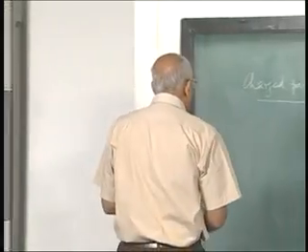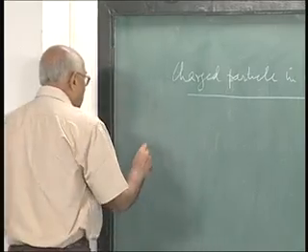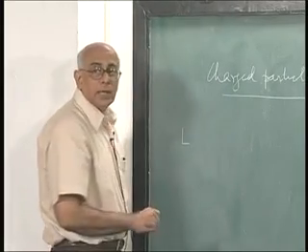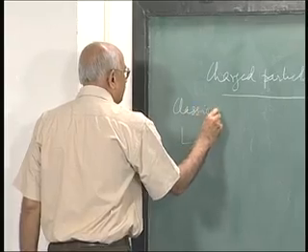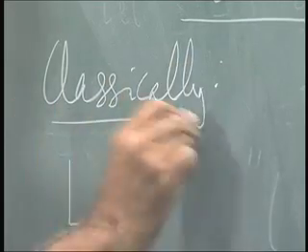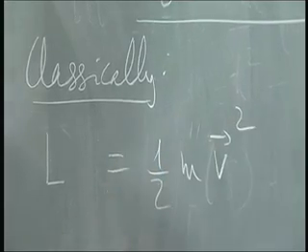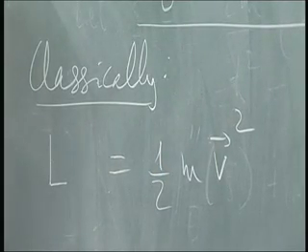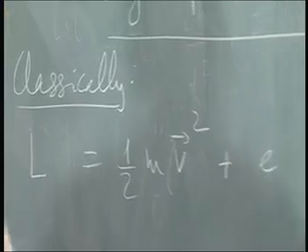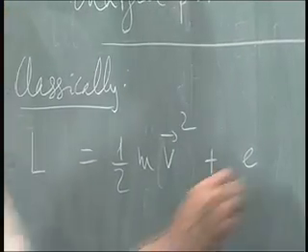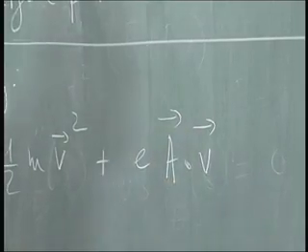Now, just to recap, to remind you of what went on, the Lagrangian of the particle classically was 1/2 mv squared, that is the free particle. Then you put it in a magnetic field and you have e times A dot v, where e is the charge of the particle and A is the vector potential.